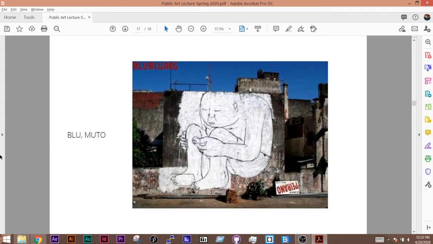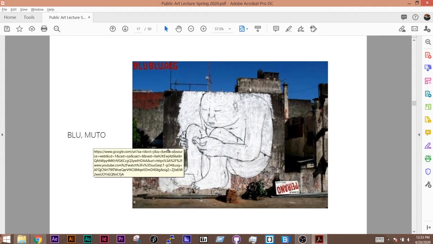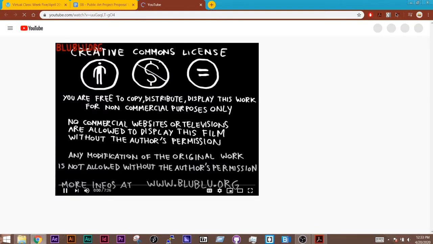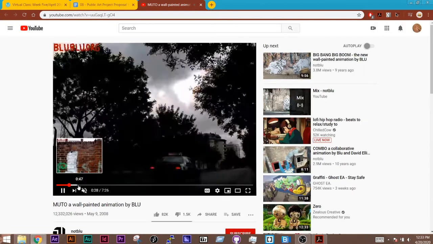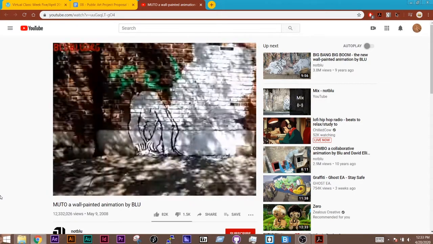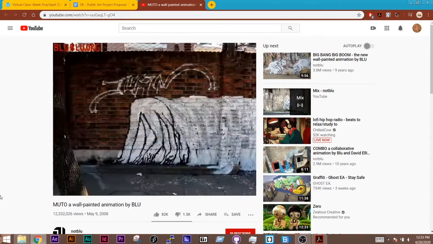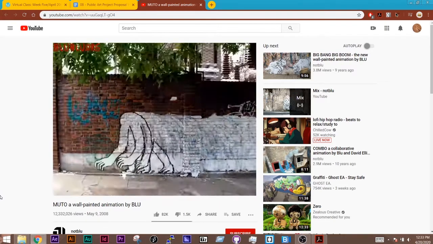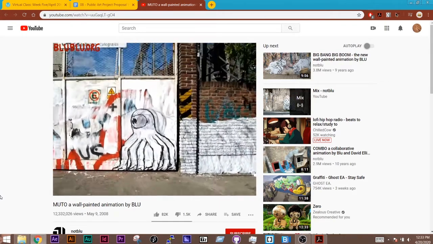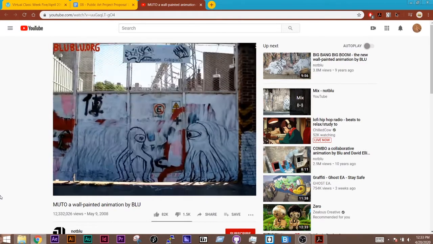You can also think about interventions the same way as murals, right? This is an artist named Blue who is known for creating these videos, these animations of graffiti in public spaces, right? And I think about the contract that has to be made in order to produce something like this, right? This is a stop motion of graffiti happening on a space.